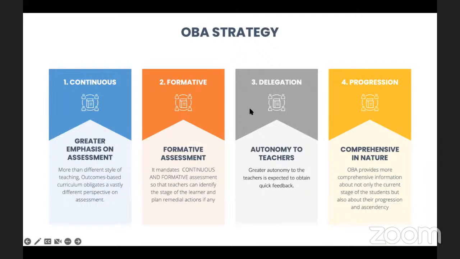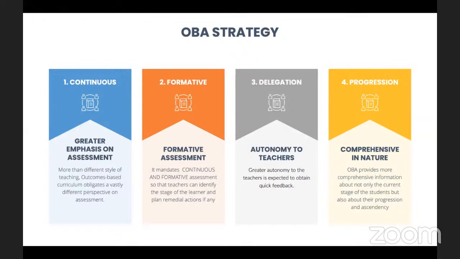You should delegate more responsibility to the teachers. They should be autonomous in the way assessments happen. There is no need for each and every assessment to go through the rigor of the examination department's process. There could be many assessments the teacher should be able to take anytime for the purpose of getting feedback about the desired level of cognition.